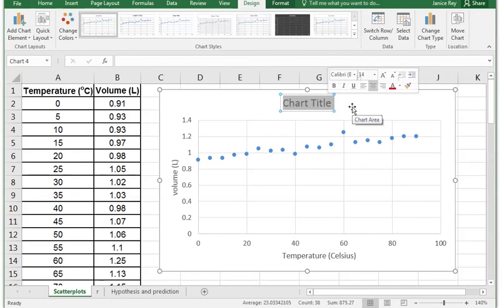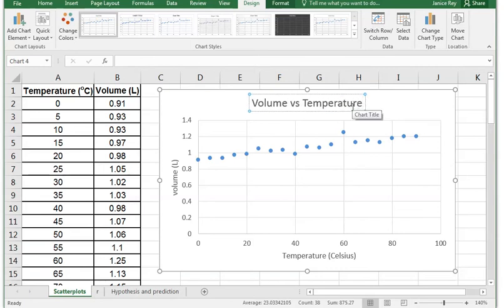Often on these, we will label them as Y, whatever the Y is, versus X. So in this case, it would be volume versus temperature. But I'm not going to be too picky about a title as long as you have some sort of title that makes sense, explaining what this is of.